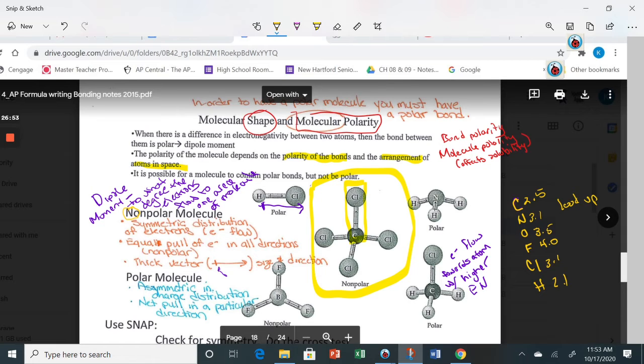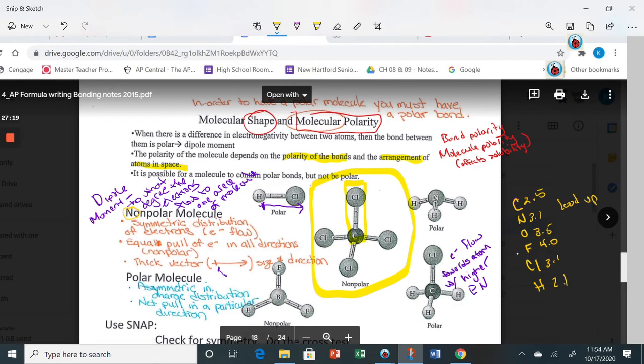But in terms of AP, you have to talk about the pull on the electrons, the dipole moment, the net flow. You can say it has no net dipole moment, but usually it's safe to stick with the flow of electrons, the pull on the electrons. If you look at the different shapes, remember tetrahedral has equal and opposite pull.